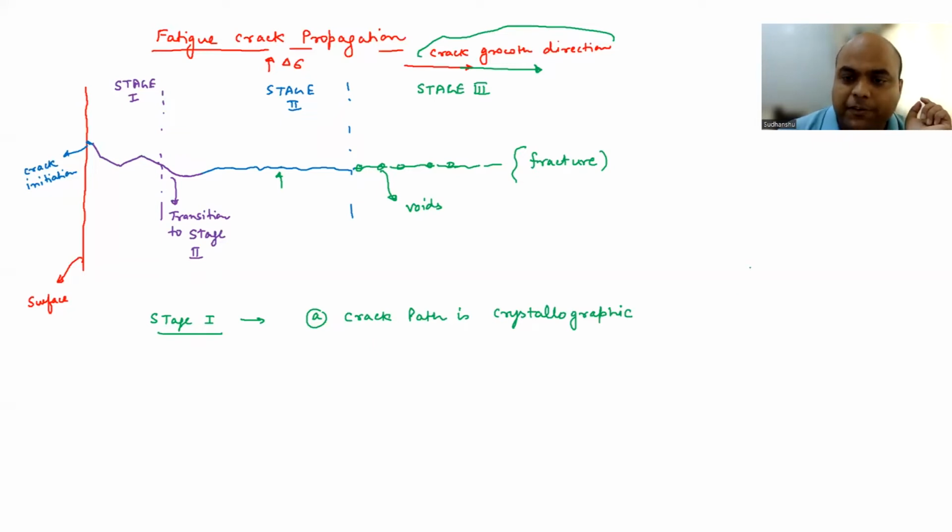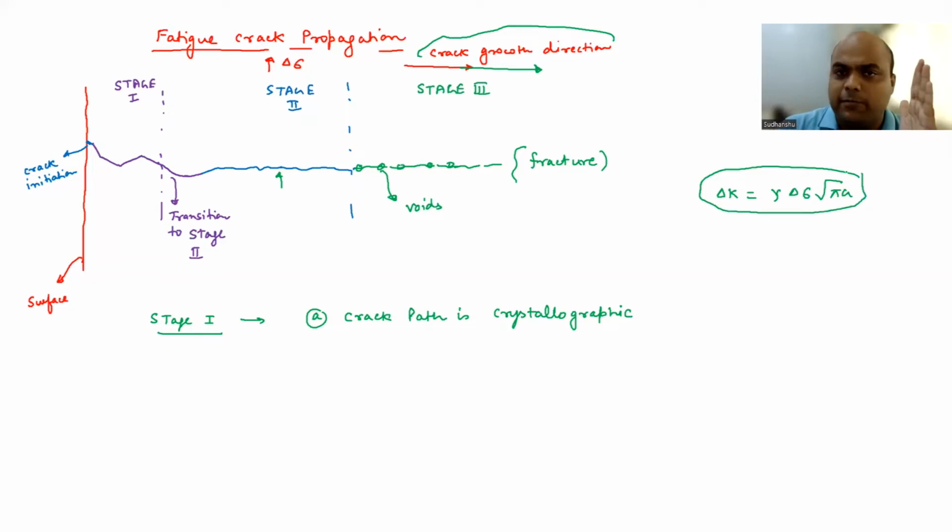Now, if you remember, we are talking about fatigue, right? So K is Y sigma root pi a. Since we are now talking about fatigue, K becomes delta K and sigma becomes delta sigma. We have discussed that, right?